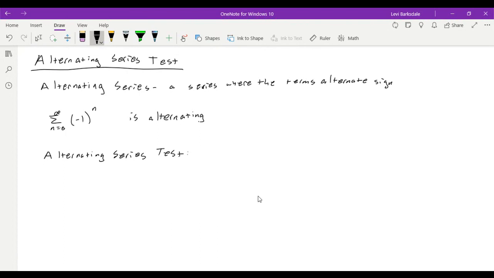has 3 conditions. We can say that the sum from n equals 0 to infinity of a sub n converges if these 3 things are met. First off, it has to be alternating.